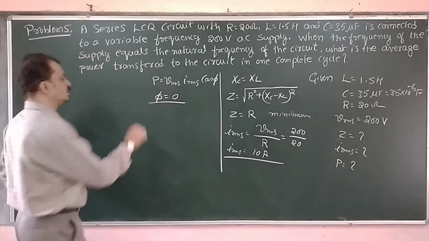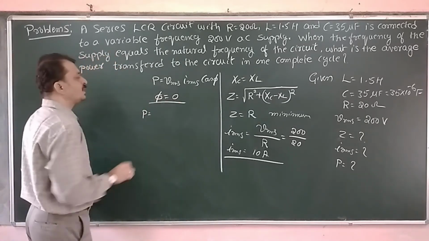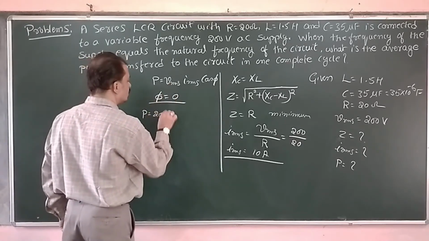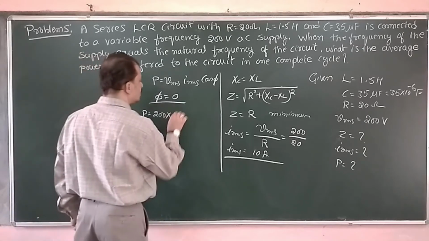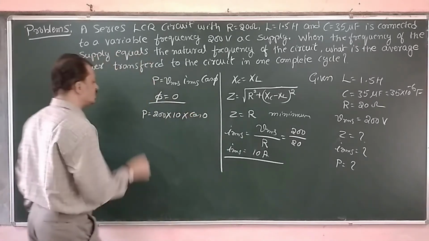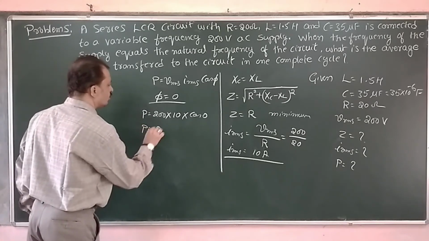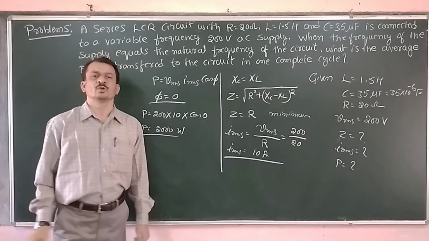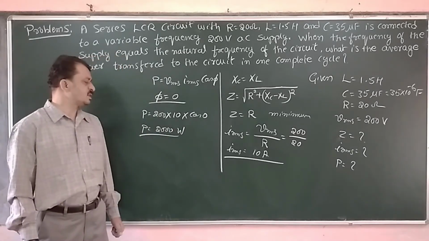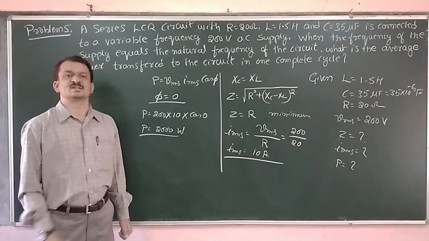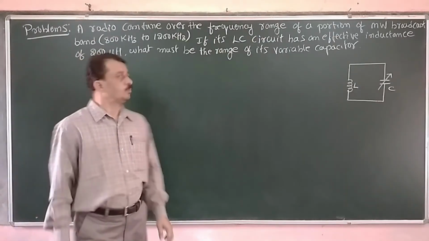We know that. Therefore, power dissipated at resonance is VRMS, which is 200, times current 10, times cos 0, that is 1. Therefore, we are getting 2000 watts of power dissipated at resonance. Next problem.